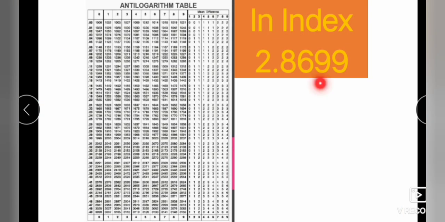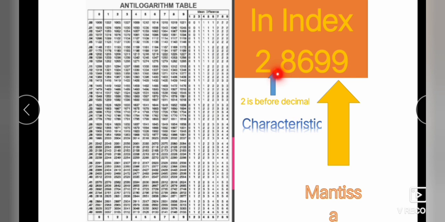So today we have seen that in an index like 2.8699, the index before the decimal is known as the characteristic and the index after the decimal is known as the mantissa. The index before the decimal is calculated by counting the digits or number of zeros in numbers, and the index after the decimal is calculated by looking at the value of the row which corresponds to the first two digits and under the column of the third and fourth digits.